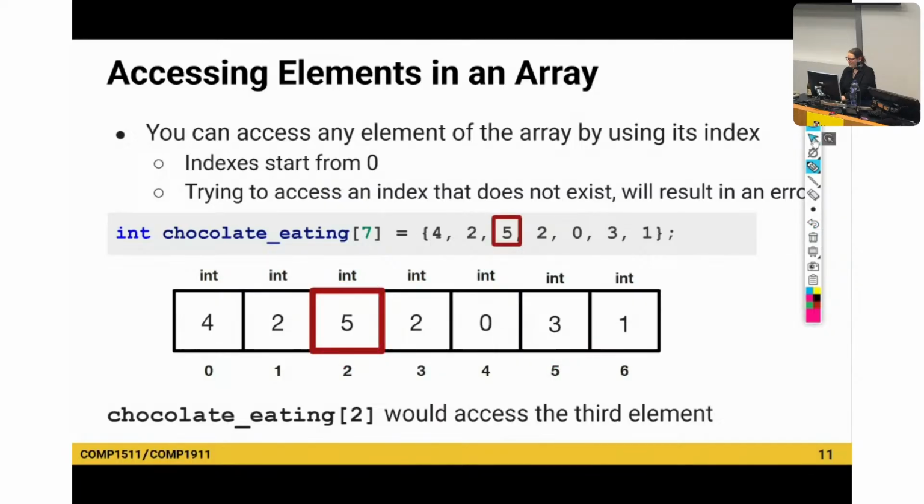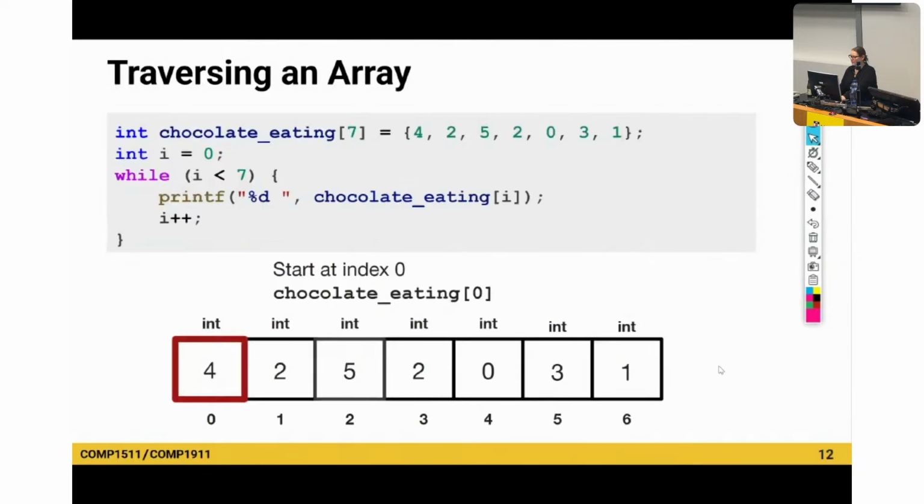Okay. And what do I get if I go to index 7? DCC might tell me at compile time and give me a warning, depending on how I'm doing it. Or when I run it, I'll get a runtime error. So we don't want to do that, but we might accidentally at some point.